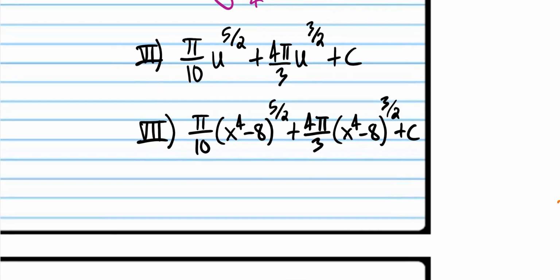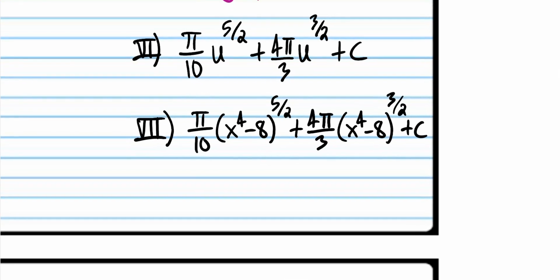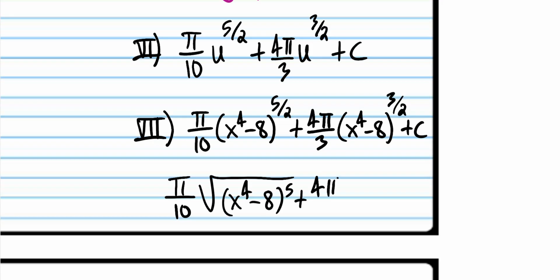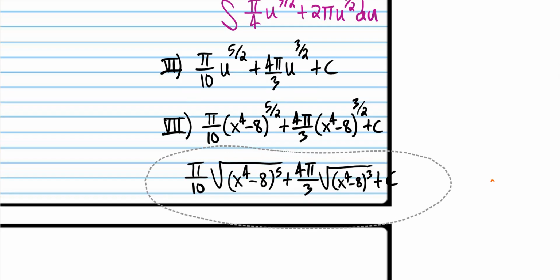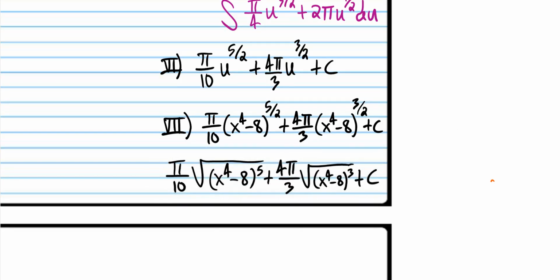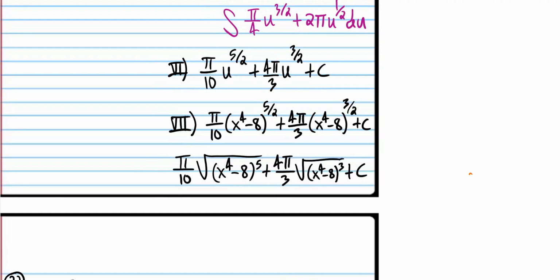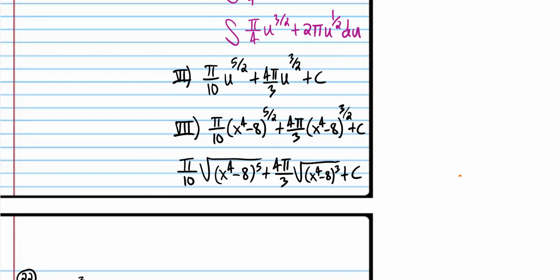And as usual, we can't leave our answers with fraction exponents, so we have to replace those expressions with the square root of x to the 4th minus 8 to the 5th power, and the square root of x to the 4th minus 8 to the 3rd power. So that should be our answer.